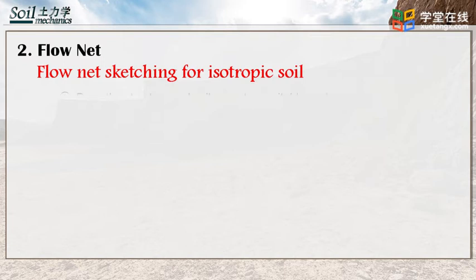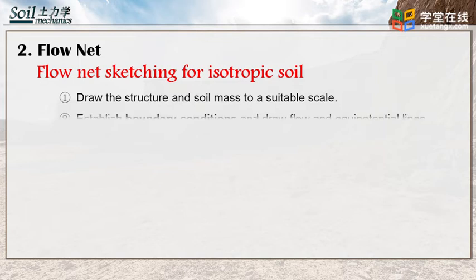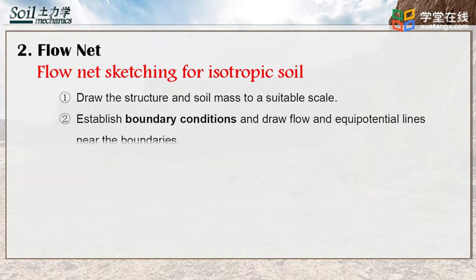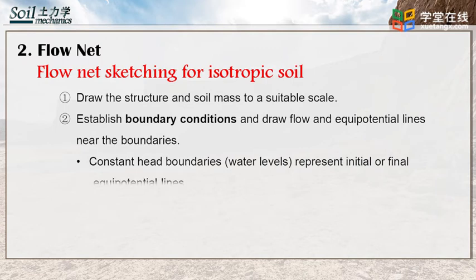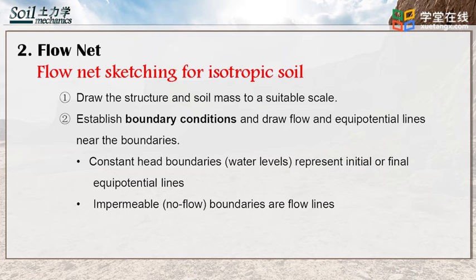Step 1. Draw the structure and soil mass to a suitable scale. Step 2. Establish boundary conditions and draw flow lines and equipotential lines near the boundaries, in which the constant head boundaries represent initial or final equipotential lines, and the impermeable boundaries are flow lines. Step 3.